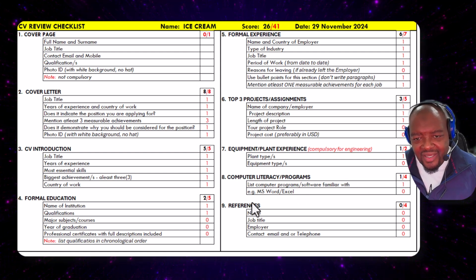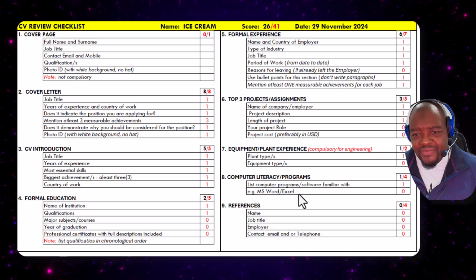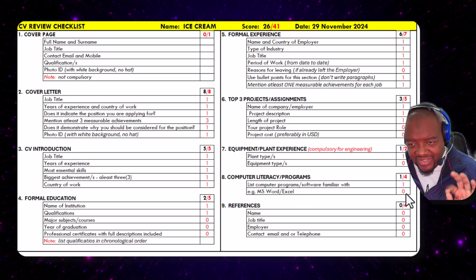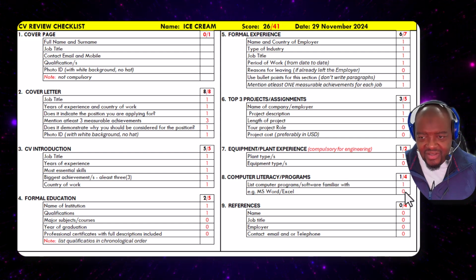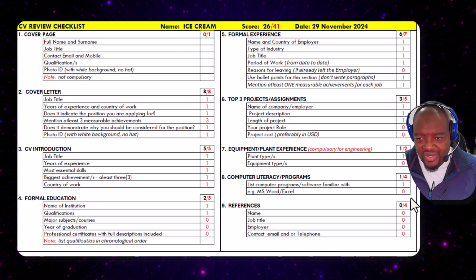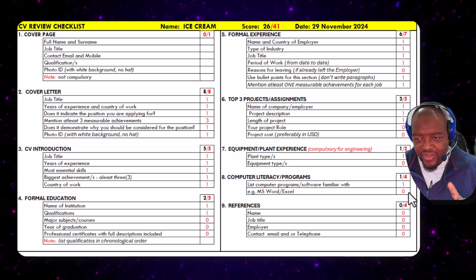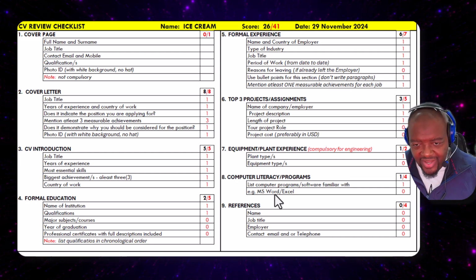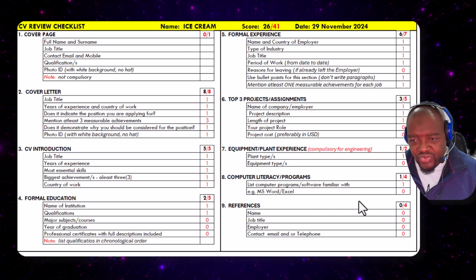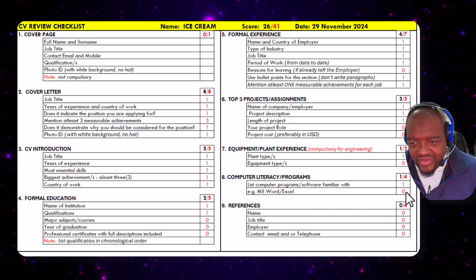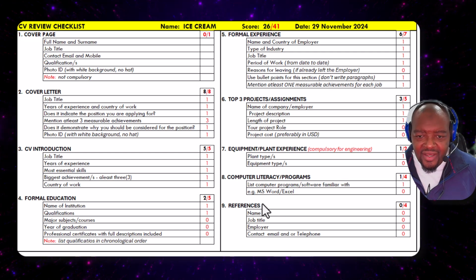But general computer literacy programs, he did not mention. I give him a zilch. So he gets a 1 out of 4 in this part because there's so many that he can plug in. I know that he's familiar with Word, with Excel, and all these other basic computer programs. He could have excelled in this punchline.